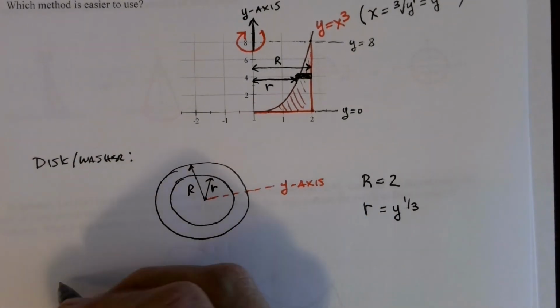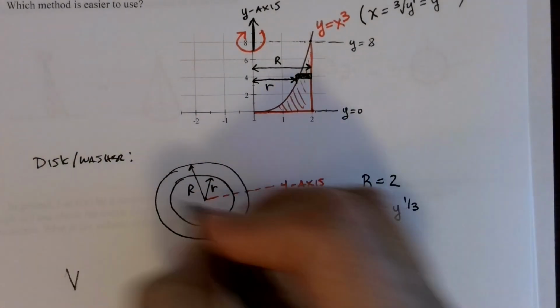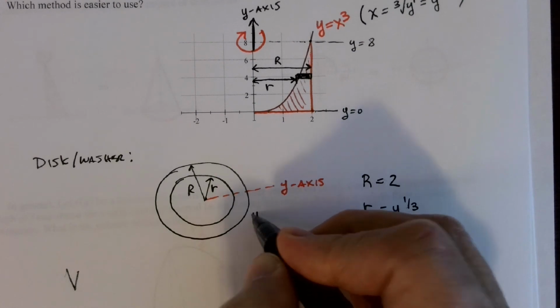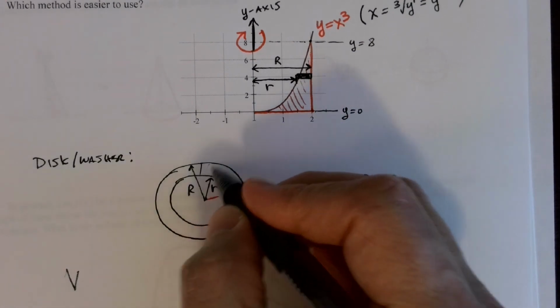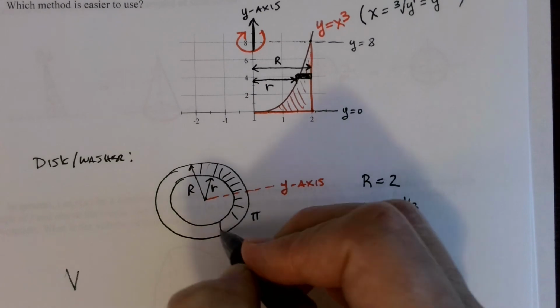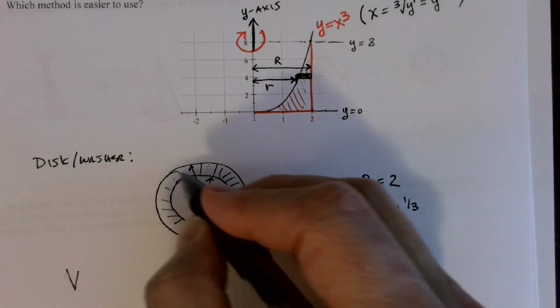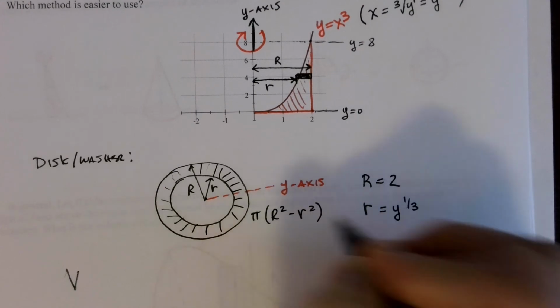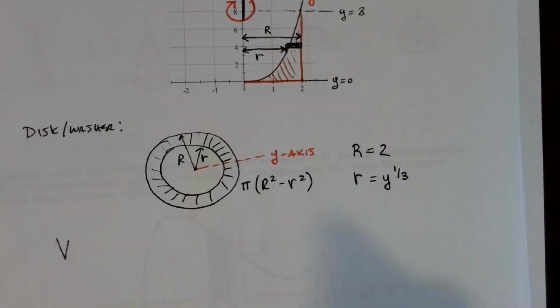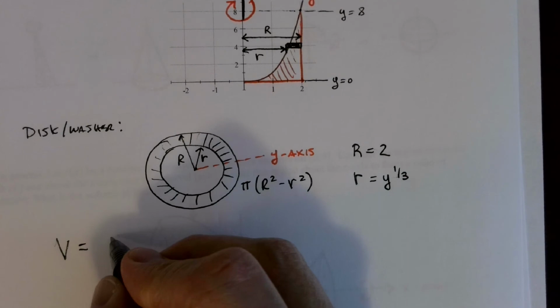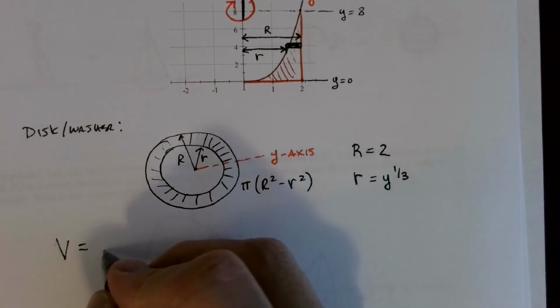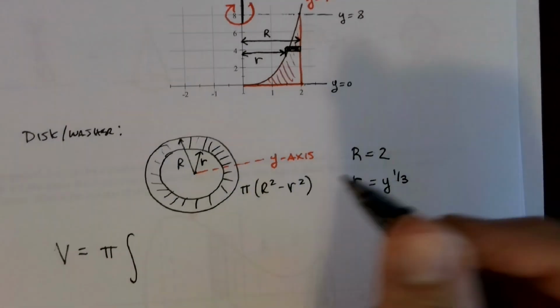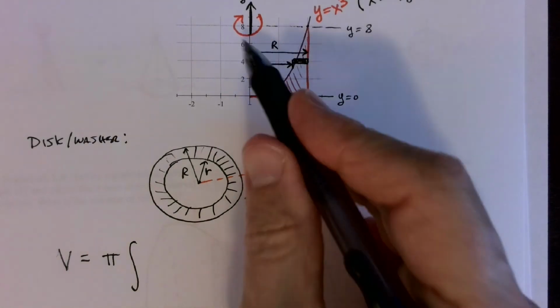So now we're ready. The volume, remember? The area is pi, so again, this is the area we're looking for, this outer washer here. So it's pi big R squared minus little r squared. Right, that's the disk washer. So our volume is, we'll pull that pi out, integrating again with respect to y from y equals 0 to y equals 8.